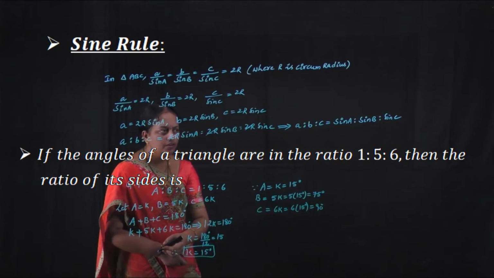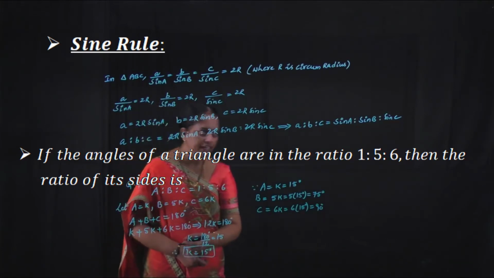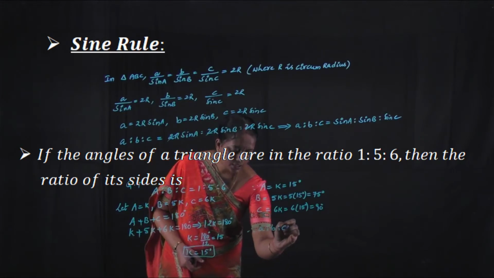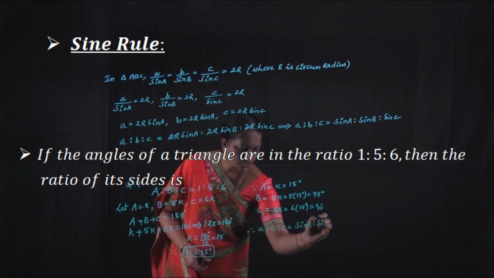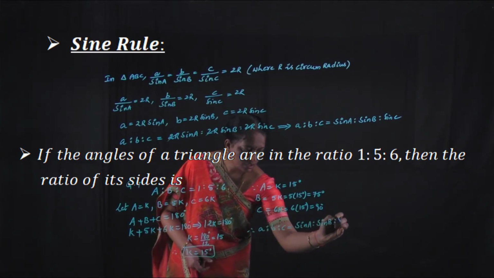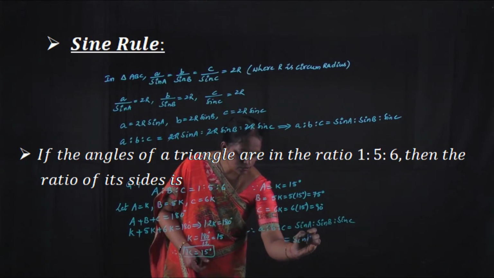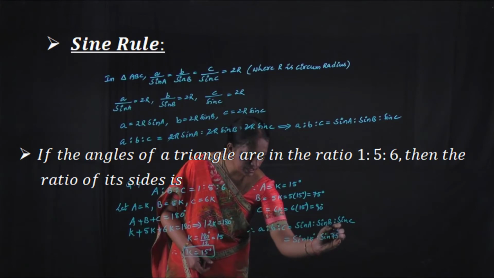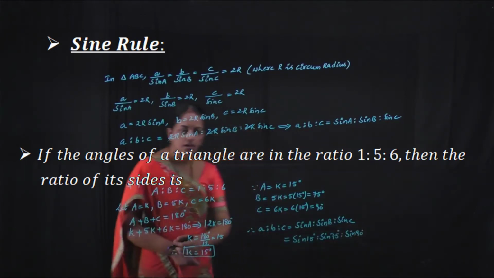Then, by using the above relation, we can find the ratio of sides of the triangle. So, a is to b is to c is equal to sine A is to sine B is to sine C. This is equal to sine of A means 15 degrees, B means 75 degrees, and C means 90 degrees.